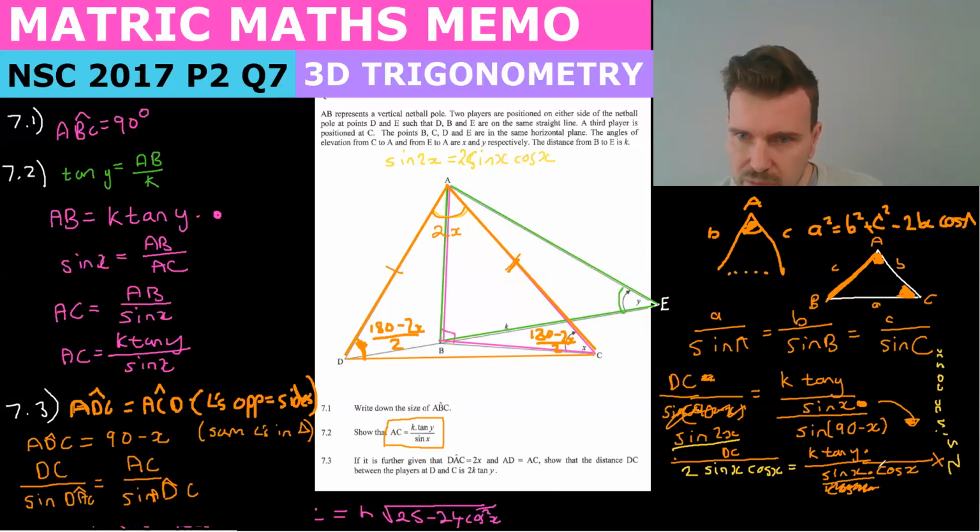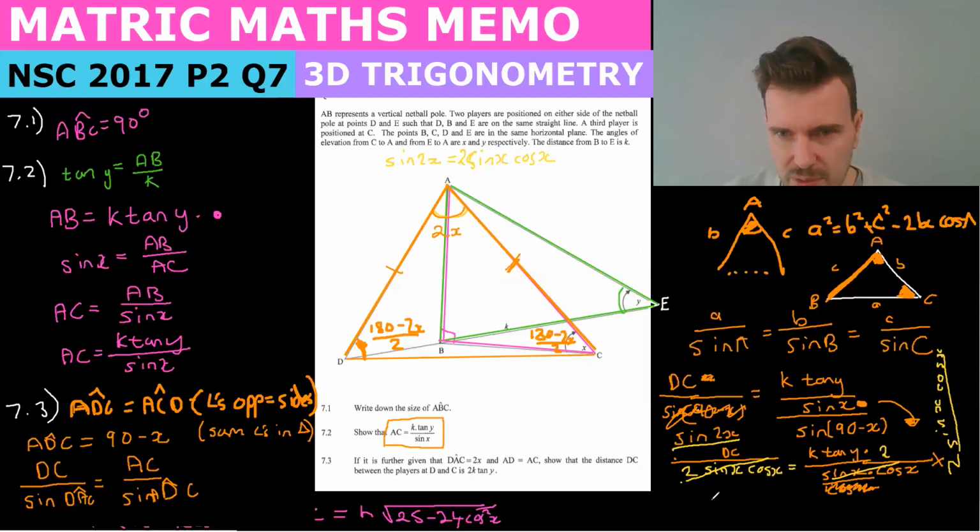And when you times the 2, because they're on the top and the bottom, this would then cancel with this, leaving us with 2. A little bit of a mess because we ran out of space. But DC is equal to, let's do this in white, the final answer. DC equals 2k tan y.